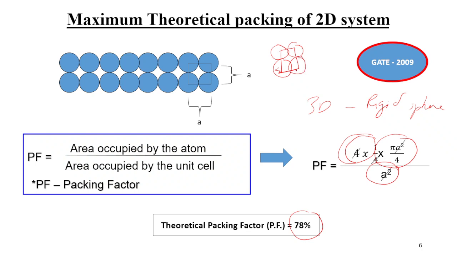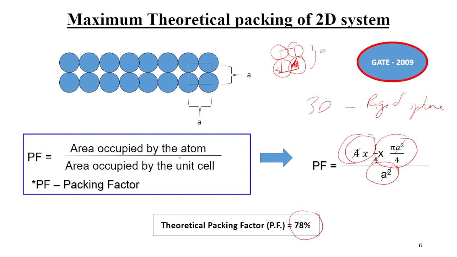If we see, only 1/4 of each atom is staying within the unit cell, is it not? So only 1/4 is there, right? That is why we have 4 times 1/4 atoms. You get it, right? So the rest of it is outside this unit cell.